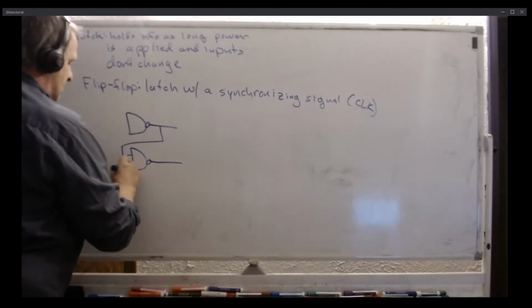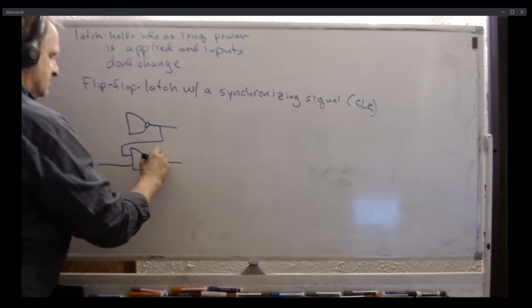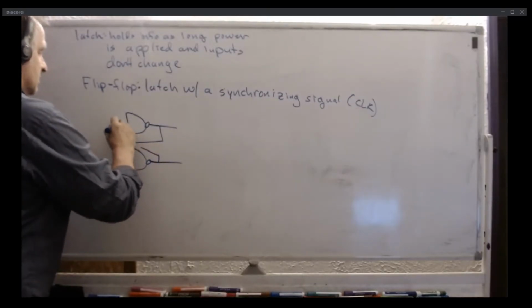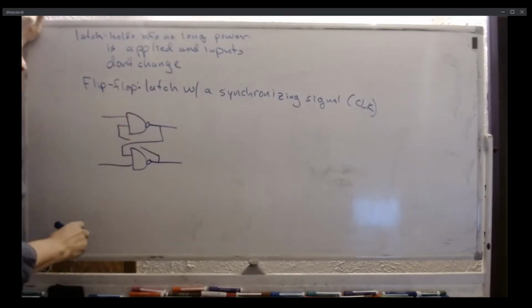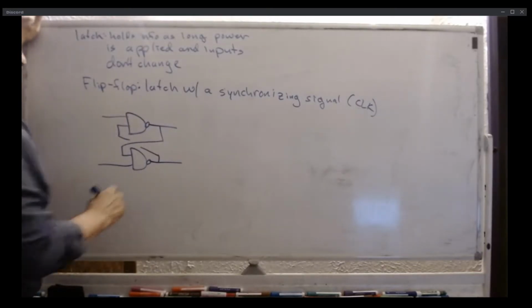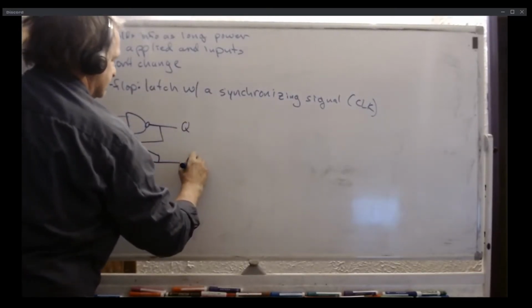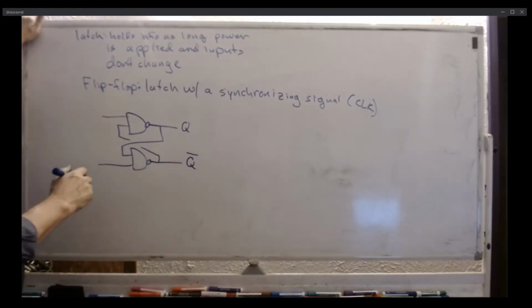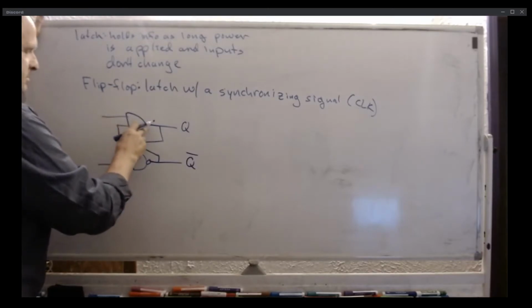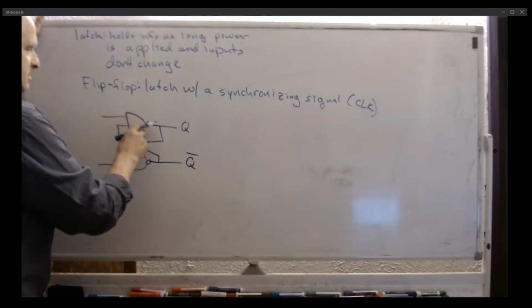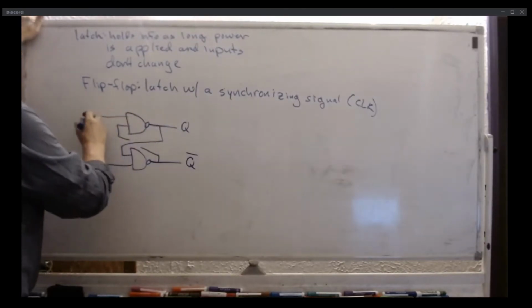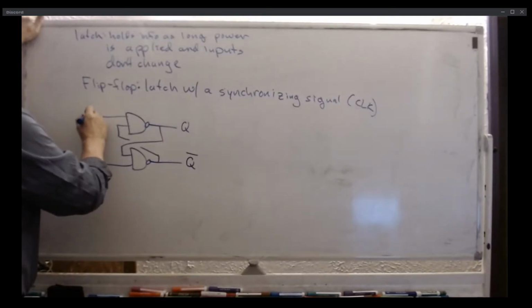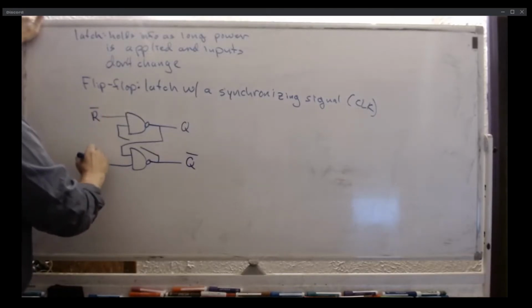This is the active low implementation, right? And let's see. If this is low, that's low, that's going to be high. So this would be... Is this what we did?